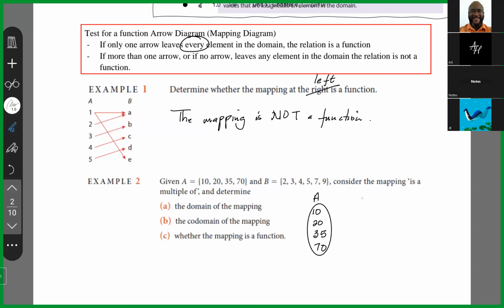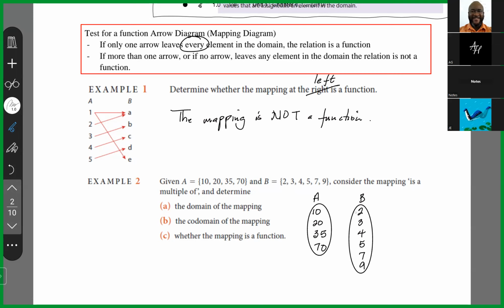The elements in B are 2, 3, 4, 5, 7, and 9. And we are told to consider the mapping is a multiple of.